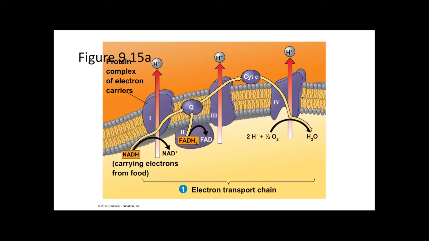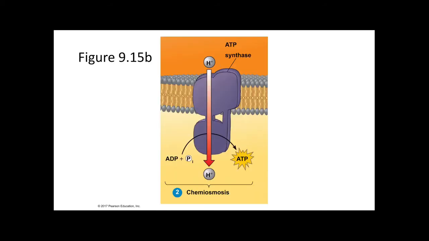So I just want to recap really quickly. Remember, oxidative phosphorylation is when you have the electron transport chain and then chemiosmosis. The main thing occurring in the electron transport chain is NADH and FADH2 depositing their electrons, by both being oxidized, which causes hydrogen ions to be released into the intermembrane space of the mitochondria.